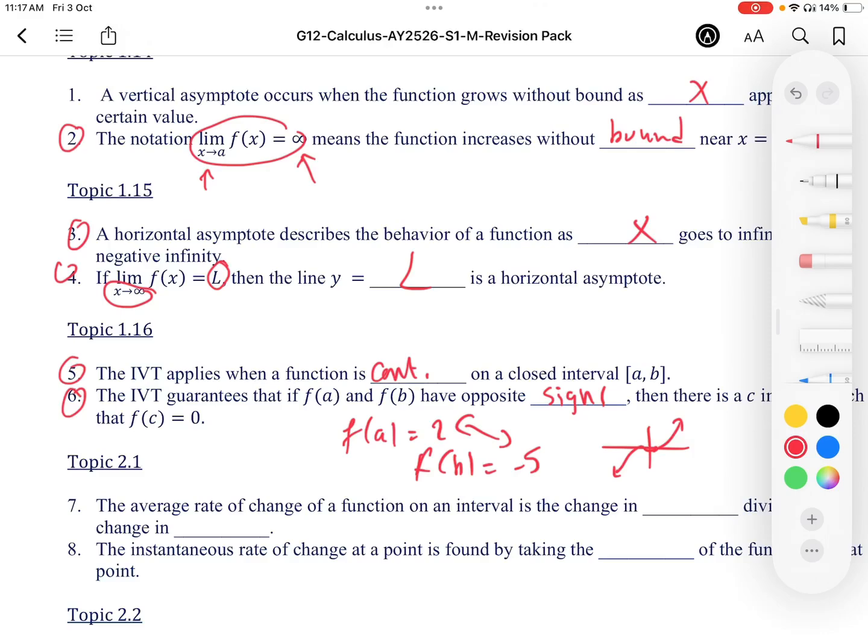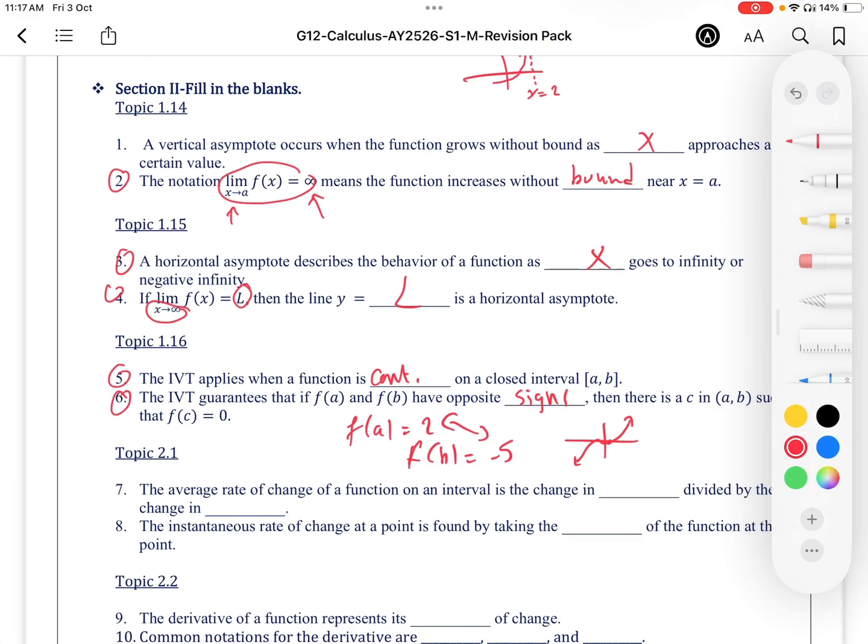So to cut the x-axis, or have c in the interval of a and b, the f of a and f of b must be of opposite signs.